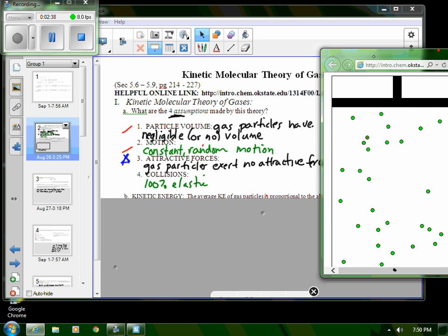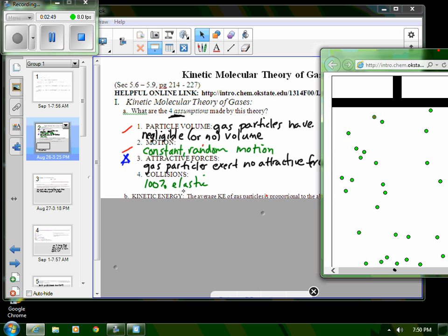We assume gas particles are that way too. Now, that's not entirely true, but we'll talk about that in a minute. We have to assume that gas particle collisions are 100% elastic. Otherwise, eventually all the particles of air would be resting on the ground, and that would make it really difficult to breathe because all the air particles would lose their energy.